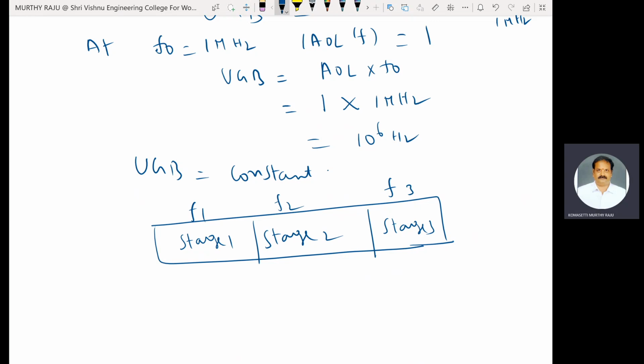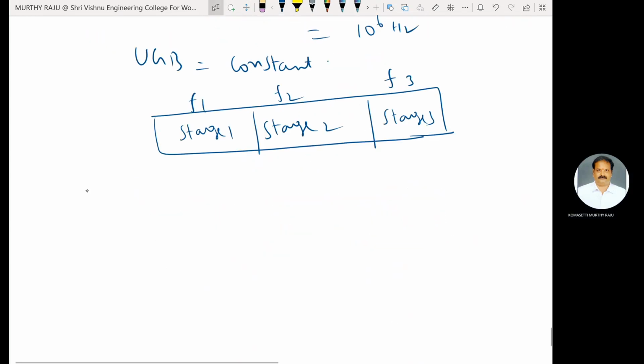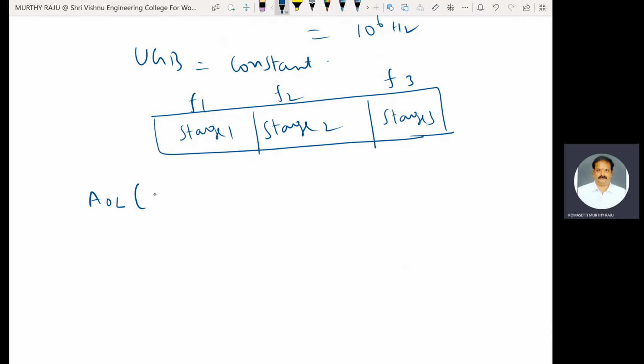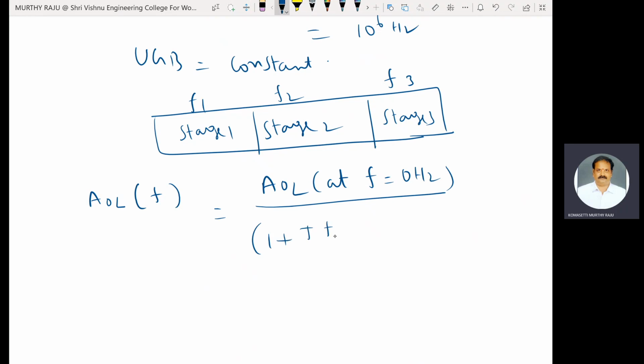The transfer function of open loop gain of the operational amplifier as a function of frequency is equal to AOL at F equal to 0 Hz divided by 1 plus j F by F1, the first corner frequency.